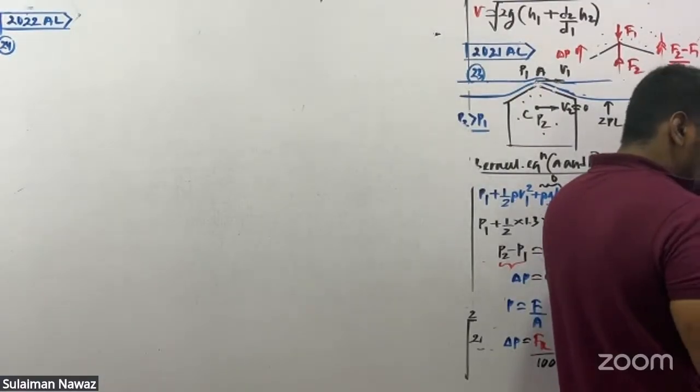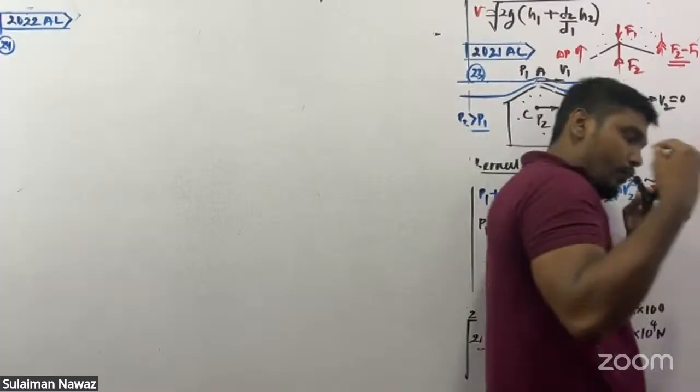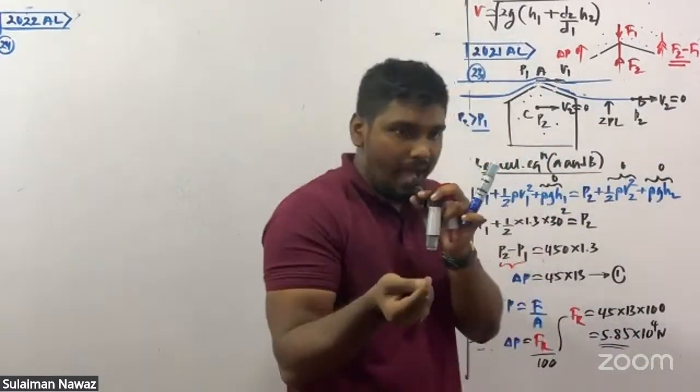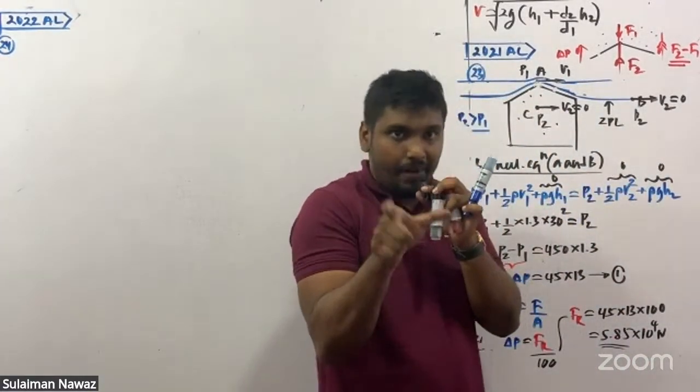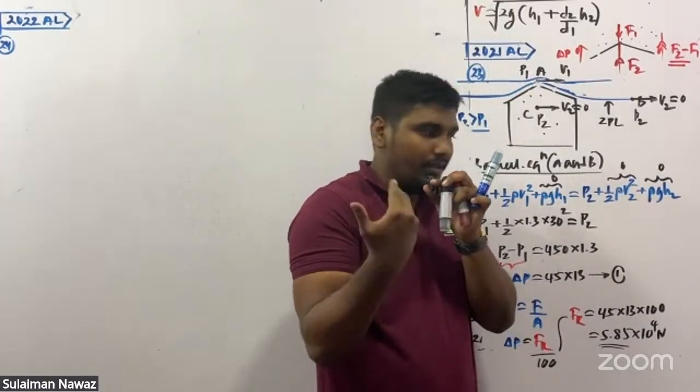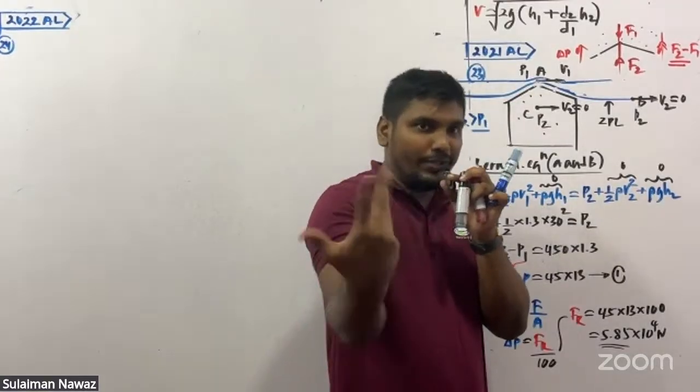Again, same story. You want to select a streamline, and should select 2 points in the streamline. Should apply Bernoulli's equation. We don't have other ways to do this question.